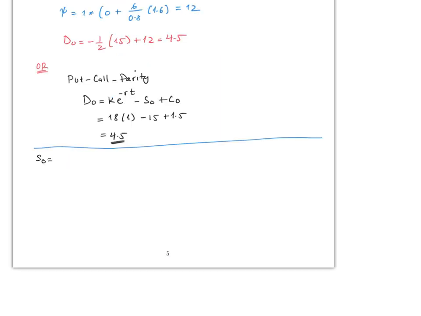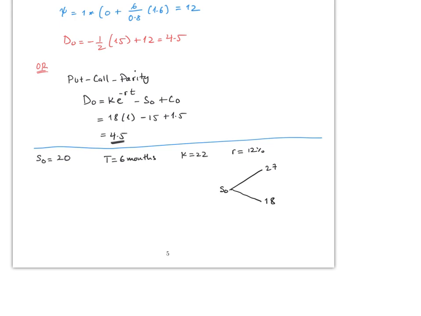Let's say that S0 is 20. Let's say that T is now 6 months, and K is 22, and let's say the interest rate is 12%. Okay. And let's say that the stock tomorrow, and this will be given, can go either to 27 or 18.